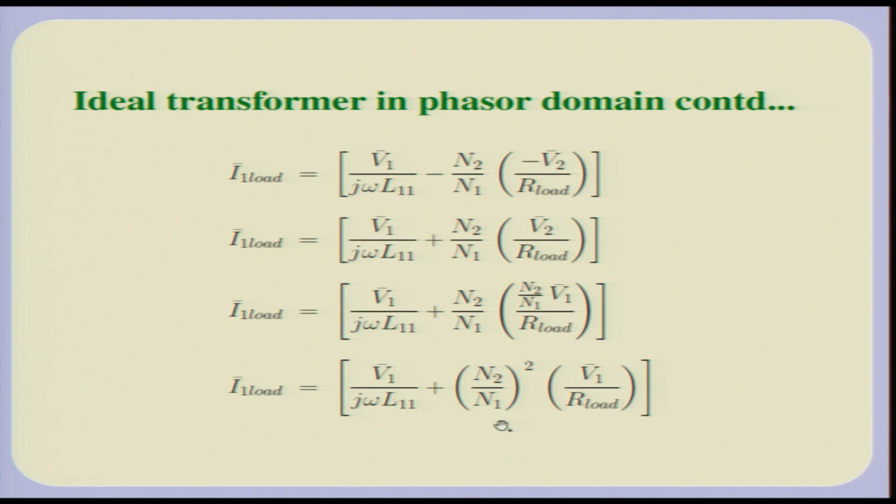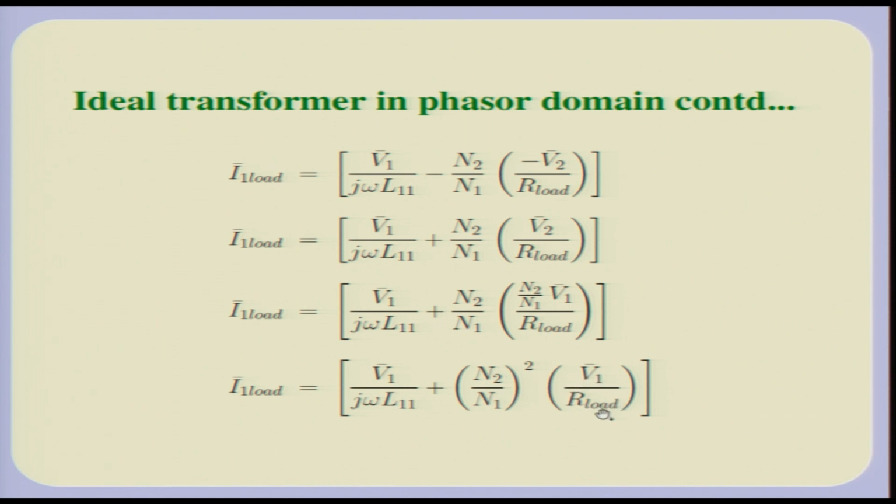So, if you connect a resistance on the secondary, the primary side current can be written completely in terms of V1. So, what it really means, and if you look at how it is related, you will find that I1 load is nothing but the open circuit current, what would have been the current under open circuit conditions on the secondary, plus a current component which is N2 by N1 square, the turns ratio square, into V1 by R load.